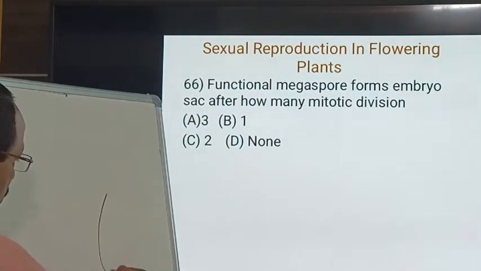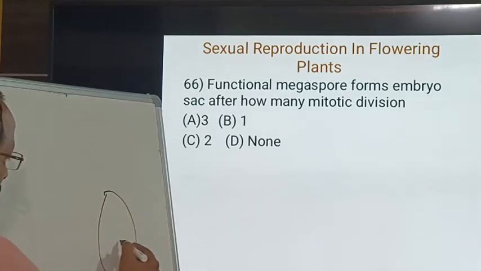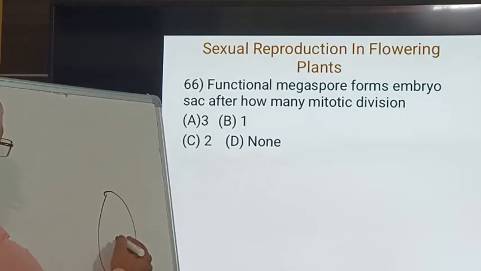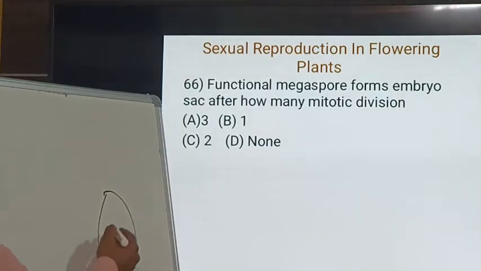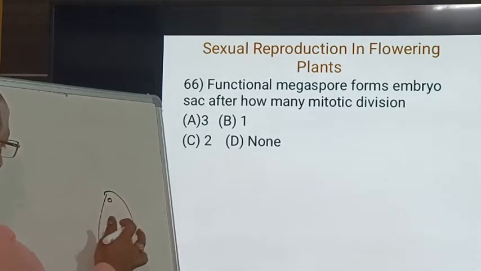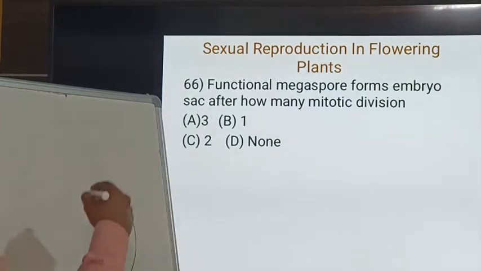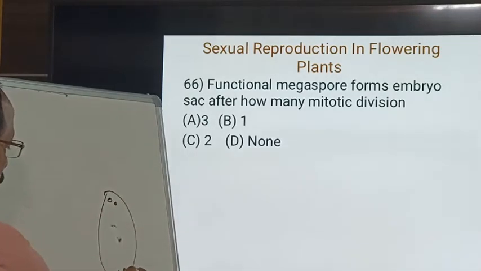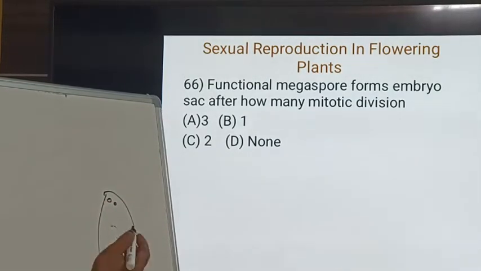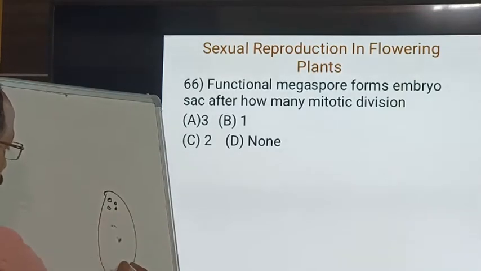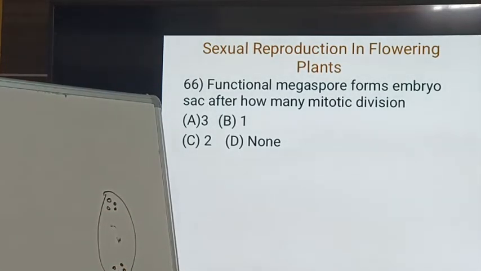In this single megaspore, which is haploid, free nuclear division takes place. There is a mitotic division which produces 2 haploid nuclei. Both these haploid nuclei now move towards opposite poles. On the second mitotic division, 4 nuclei are produced, and each of these haploid nuclei at each pole completes the third mitotic division to produce 8 nuclei.